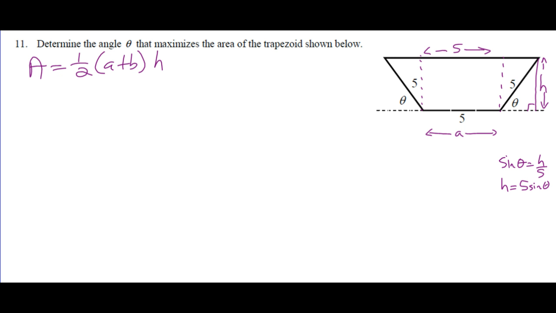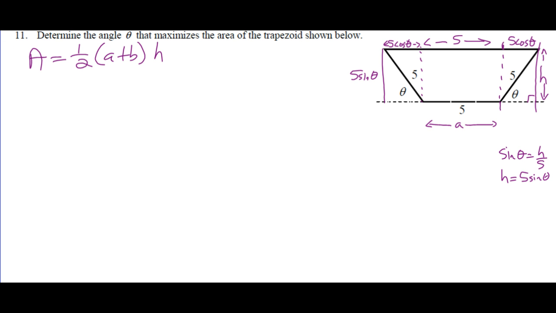Okay, and maybe we'll just leave this here because I've got no room up there. So 5 sine theta. Then what's this distance here, or down here? If that one's 5 sine theta, then the other one is 5 cos theta. And then up here, also 5 cos theta.